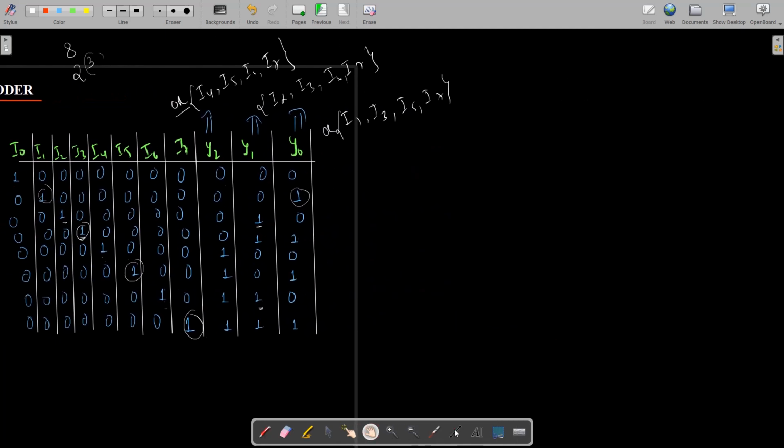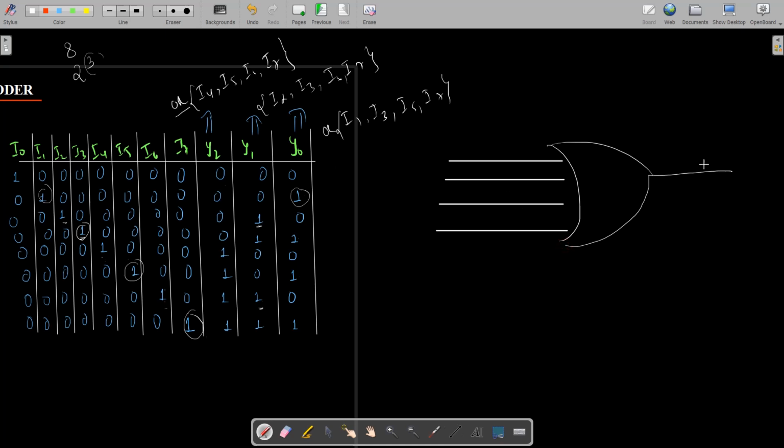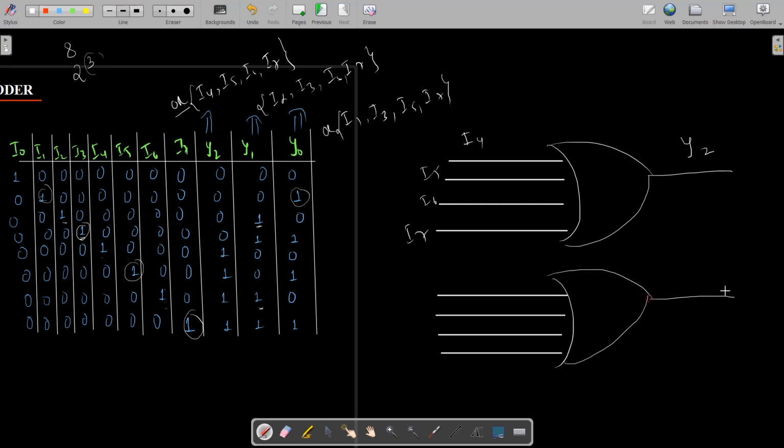As I have the output for Y2, Y2 is nothing but I4, I5, I6 and I7. What about Y1? It is I2, I3, I6, I7. This is Y1 having the inputs, say this is I7, this is I6, then I3 and this is I2. So this corresponds to Y1.